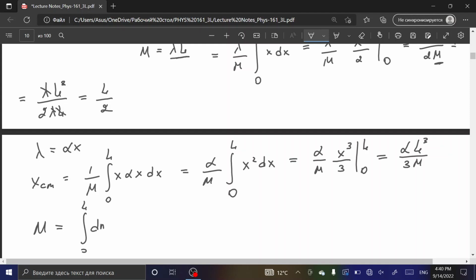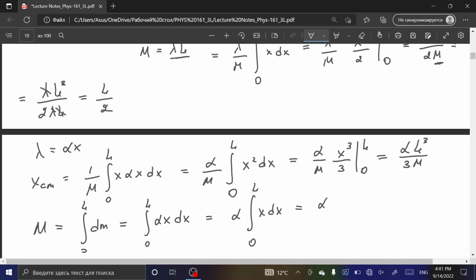And here we can write dm. And dm, how do we represent it? It was lambda times dx, and lambda is alpha times x. So here we can write the integral from 0 to L of alpha x times dx. Alpha is a constant, so we take it out from the integral, from 0 to L of x dx.